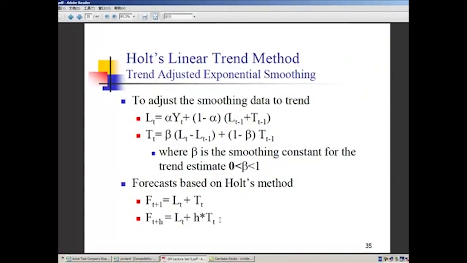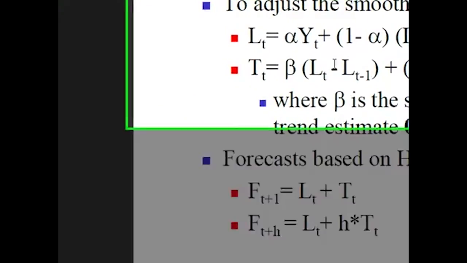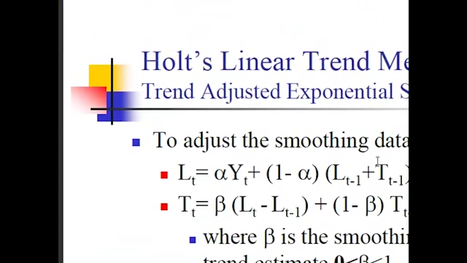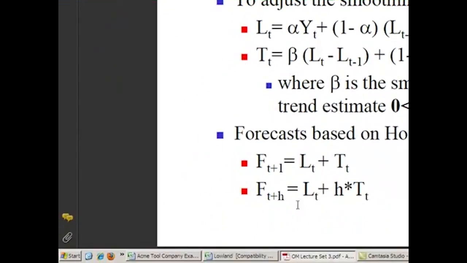We don't know what the sales numbers really are for the next month. So we cannot update our estimates using these formulas for the level and the trend. We keep using the most recent updated values to predict into the future. That's the logic behind it.